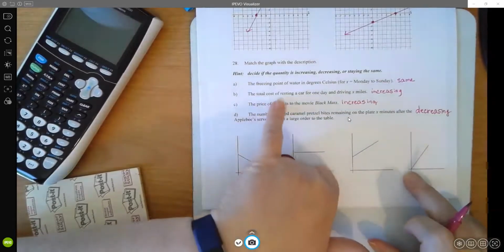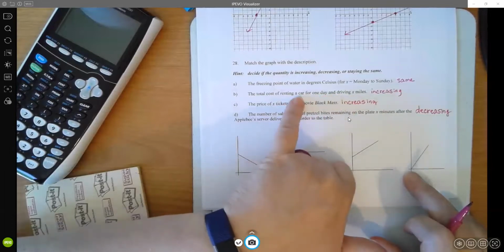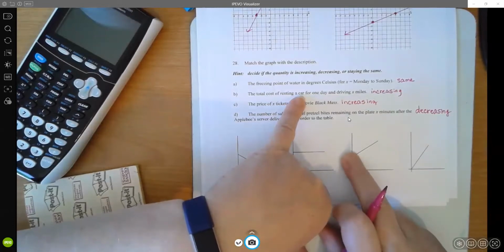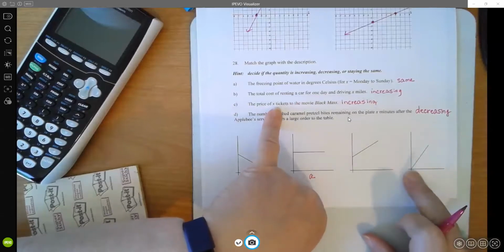Okay, if I drove 0 miles, would I still have to pay something for the car? Yeah, if I rent a car, even if I don't drive it, they're going to charge me for actually renting the car. But if I bought 0 tickets to the movie, they're not going to charge me anything.